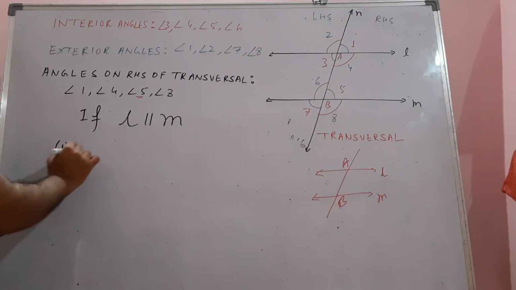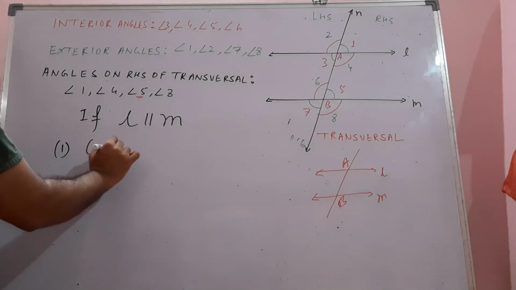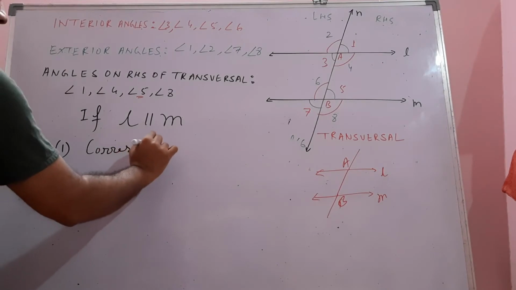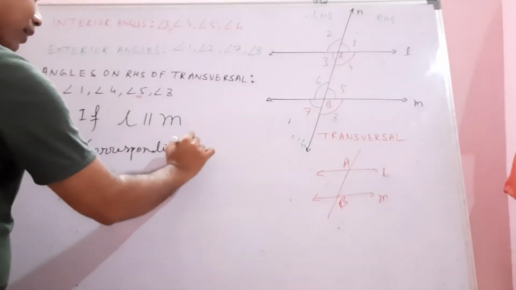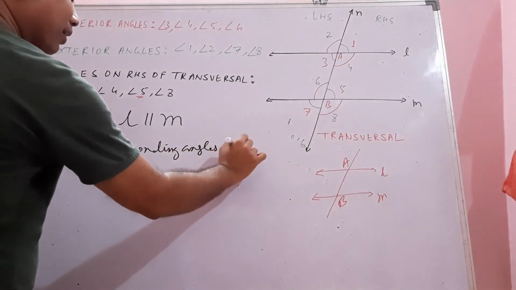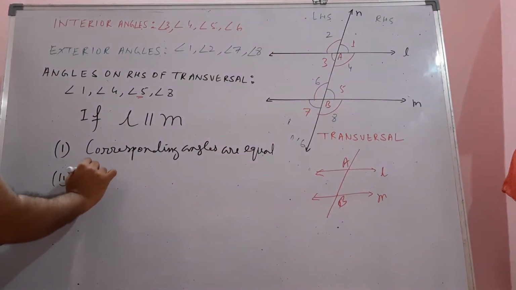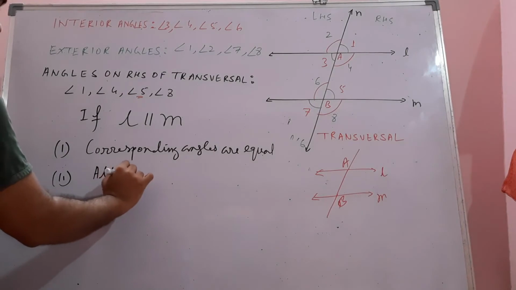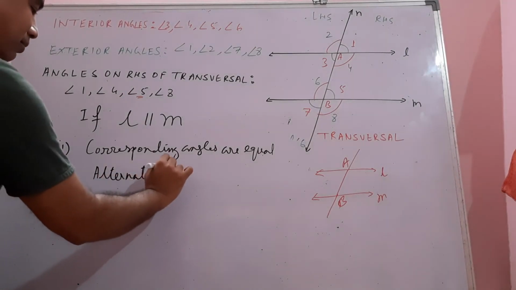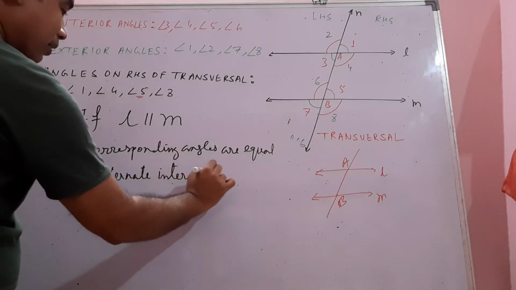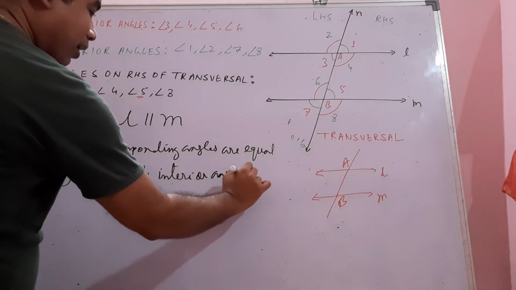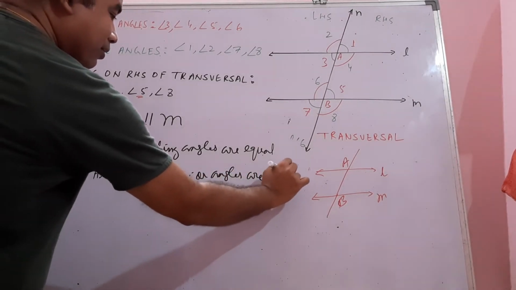Number one result is corresponding angles are equal. Number two result, alternate interior angles are equal.